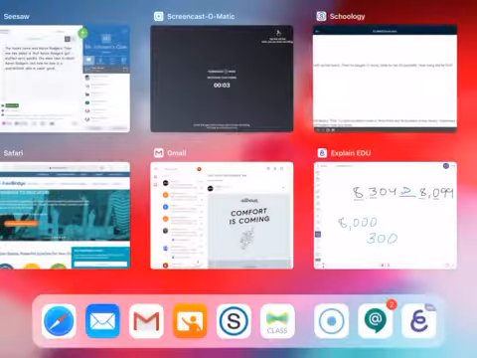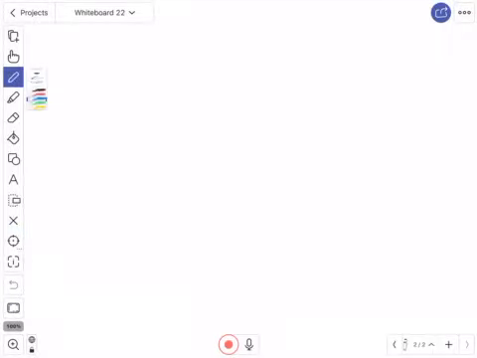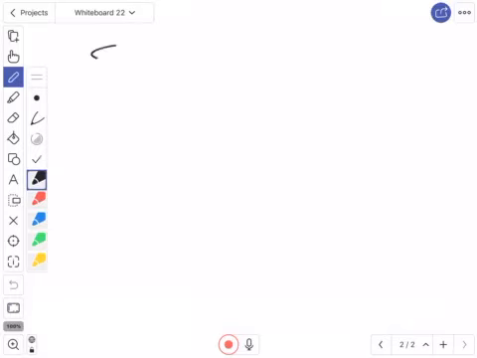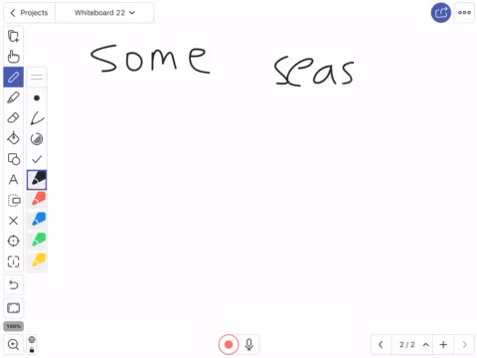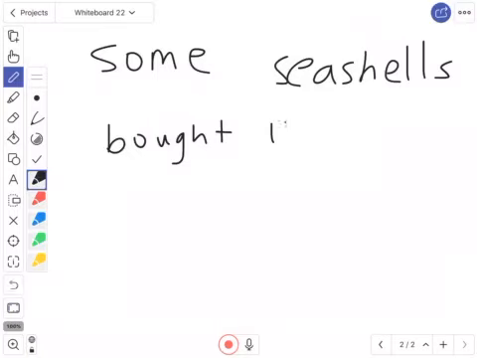So a way to think about this is like with a math mountain. I'm going to use some different numbers here. Let's say I have some seashells. I'm not going to tell you how many I have, but I have some. Then I went to the store, like maybe a little beach stand, and I bought, let's say, 15 more.